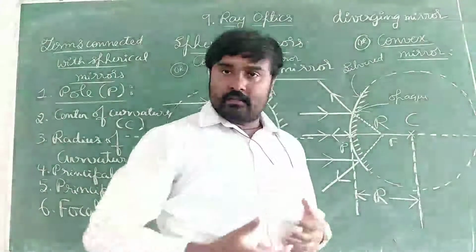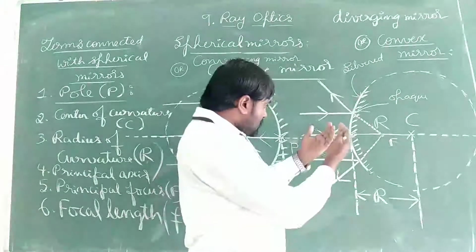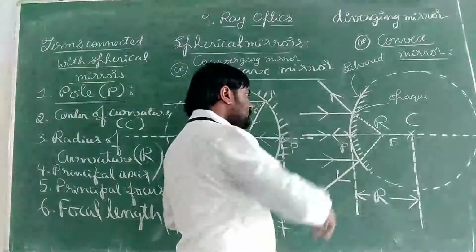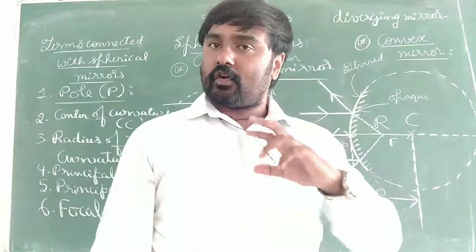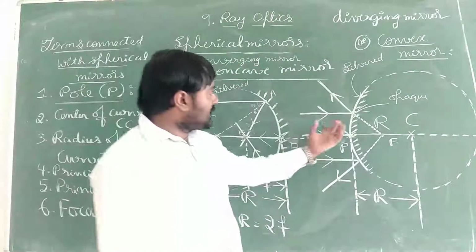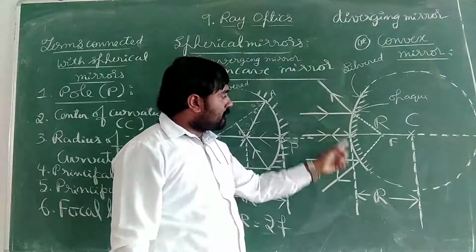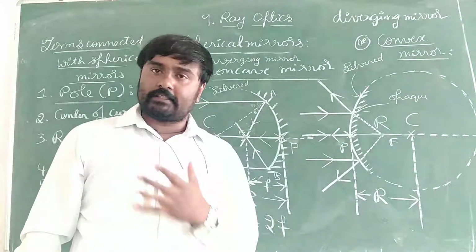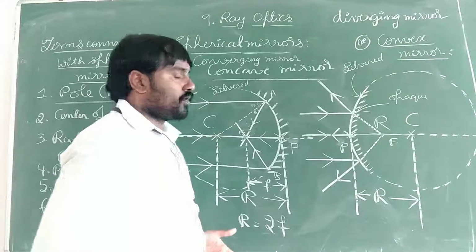Convex mirror means the light gets reflected from outside the surface of a part of a hollow sphere. Okay, so these statements are very important.